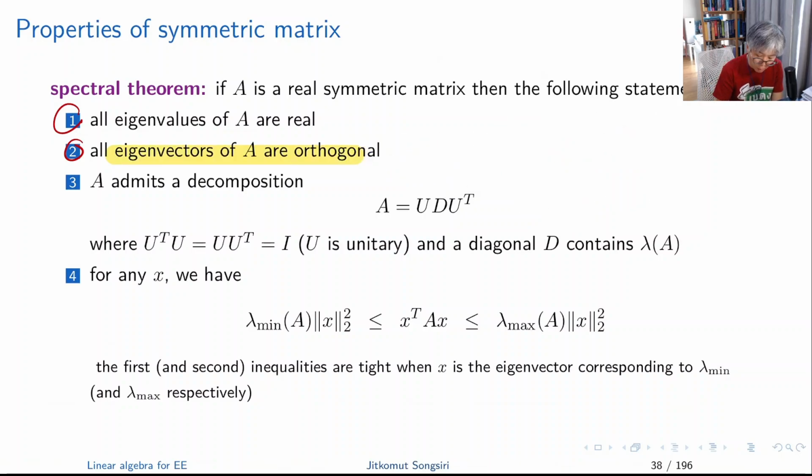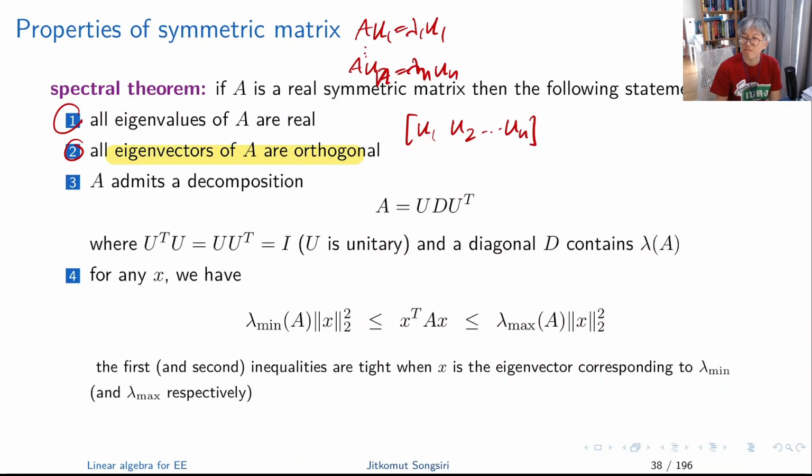Okay. Suppose your A has n eigenvalues, all right? N eigenvalues, and you have n eigenvectors. And suppose you stack your eigenvectors into a matrix. So when you multiply with A, that's going to be AU1, AU2, dot, dot, dot, AUN. All right.